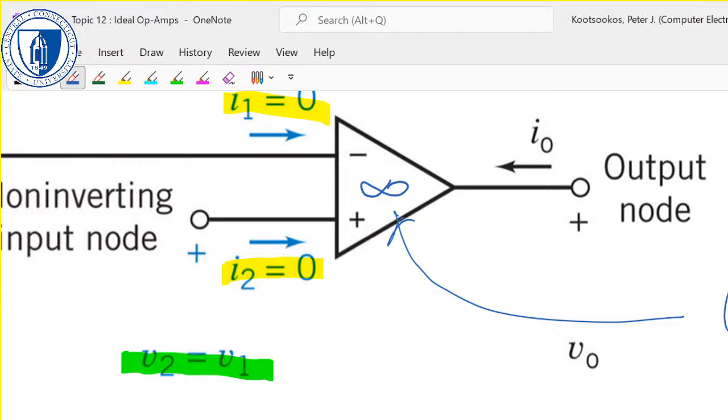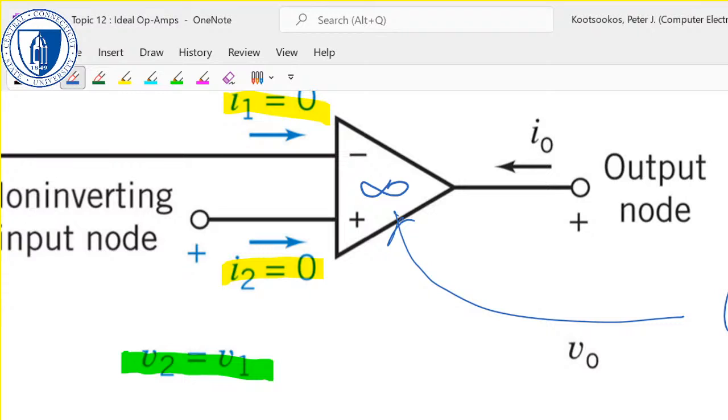Okay, that's about all I have to talk about as far as operational amplifiers are concerned. There's not much to it. The stuff you've done with mesh analysis and nodal analysis is more complicated.